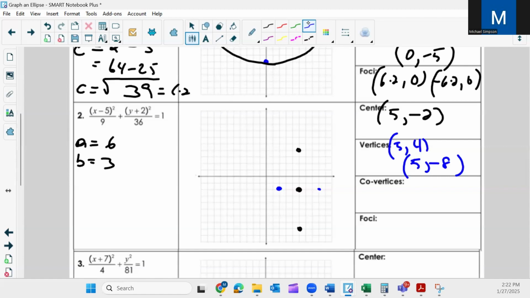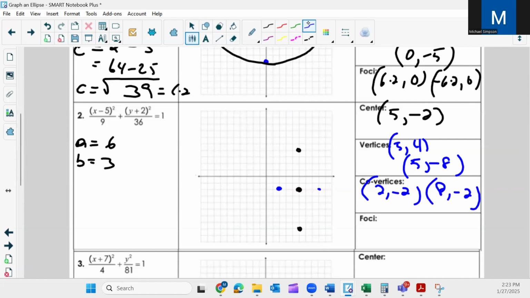Right. Co-vertices, what do we have? 2, 8... I can just look at the graph and see what the coordinates of those points are. 2, and is it 8? Oh, it's 3, I'm sorry, it's 3, right? Yeah. 8, negative 2.